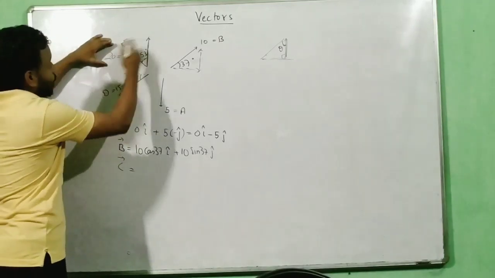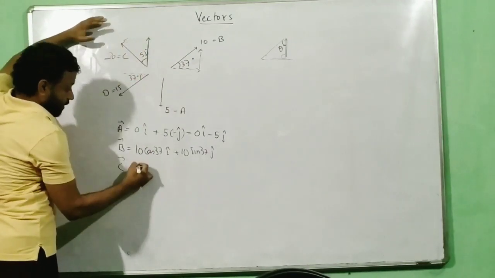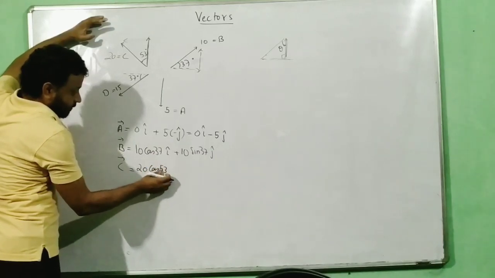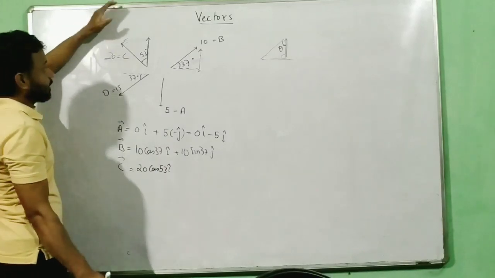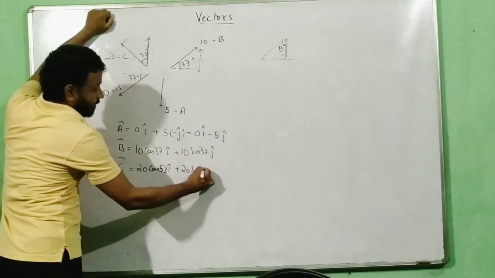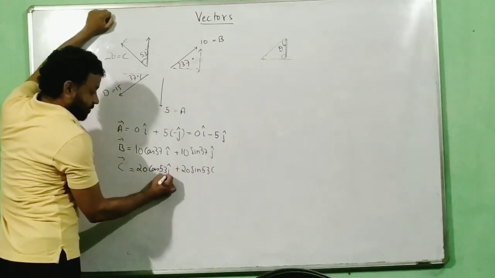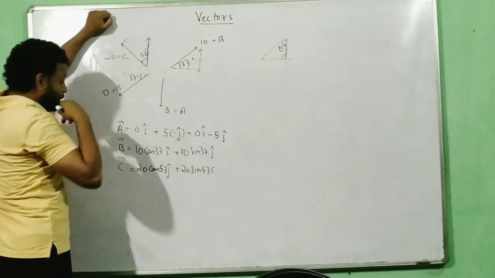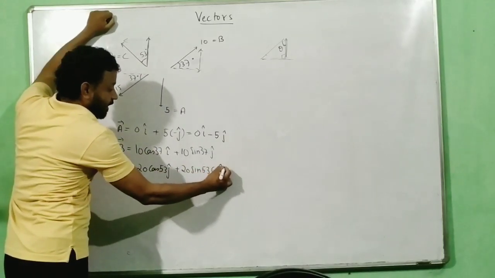So 20 cos 53. This is 20, this is base, this is perpendicular. So 20 cos 53, sorry, not i cap, j cap, because 20 cos 53 is acting along j direction. So 20 cos 53 j cap and 20 sin 53 minus i cap.